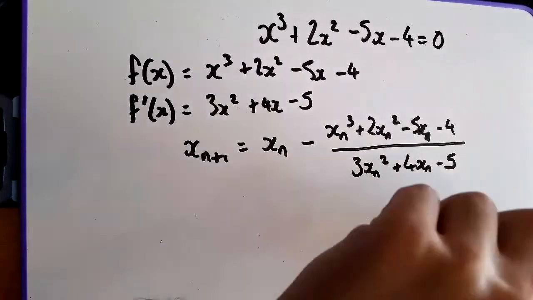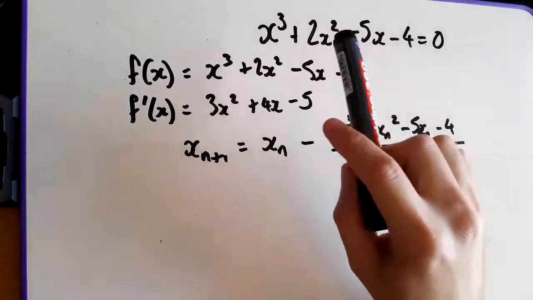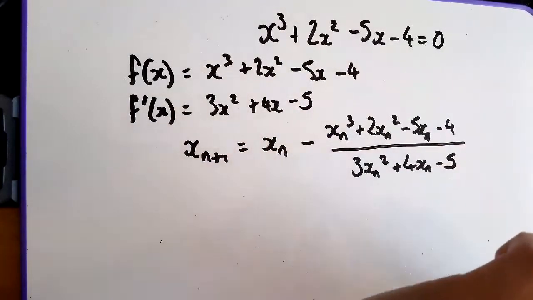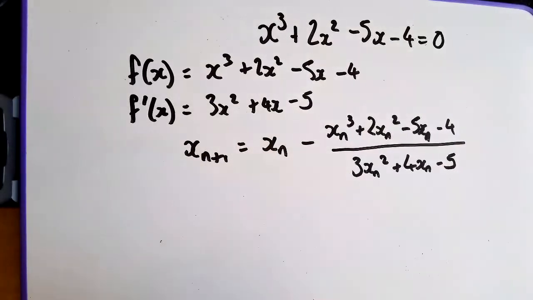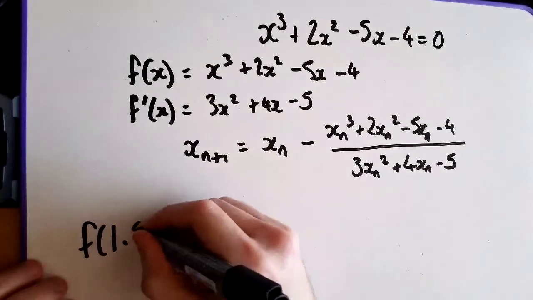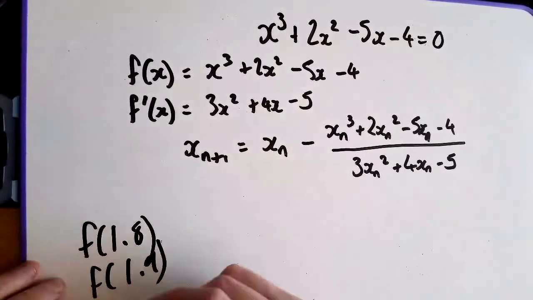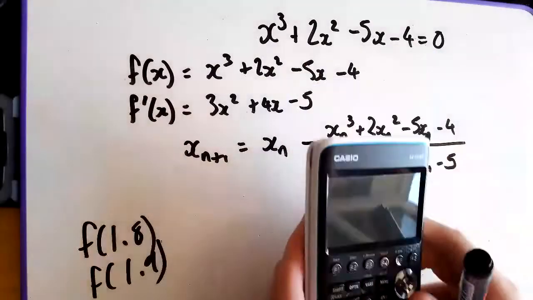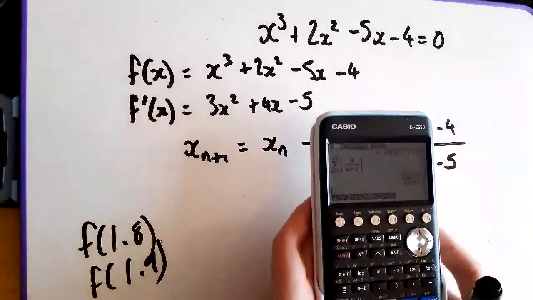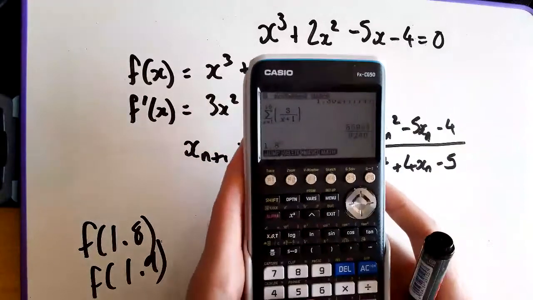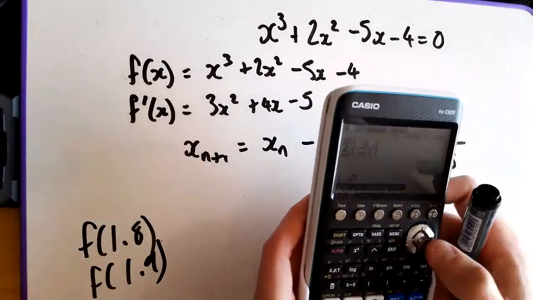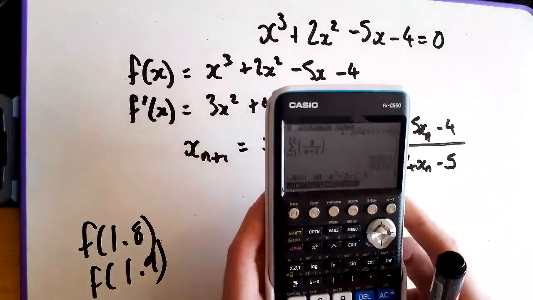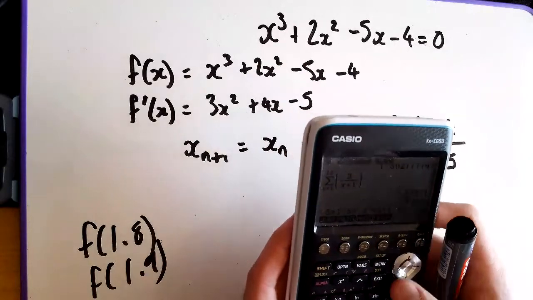So you remember from GCSE trial and improvement, where you would sub numbers in and try to get a number that's too big and too small. So I've already done this, but if we sub 1.8 and 1.9 into f, let's look at doing that. So 1.8 cubed plus 2 times 1.8 squared minus 5 times 1.8 minus 4.